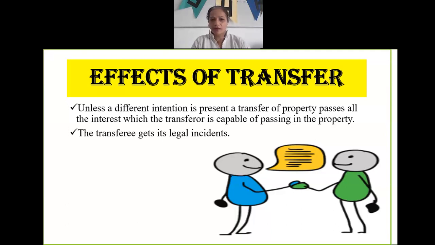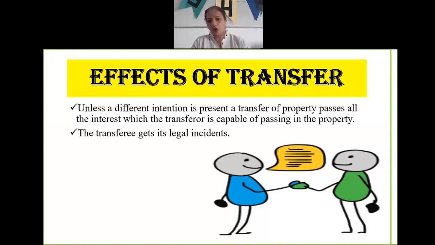But suppose, because even in our last lecture we dealt with the fact that a property may be transferred absolutely, conditionally, wholly, or partially, right? So unless a different intention is present, that is to say, if the transferor wants to pass only a limited interest in that property to the transferee, then in that situation we would consider that the entire interest relating to that property is not transferred from transferor to transferee, but only a limited interest has been transferred.